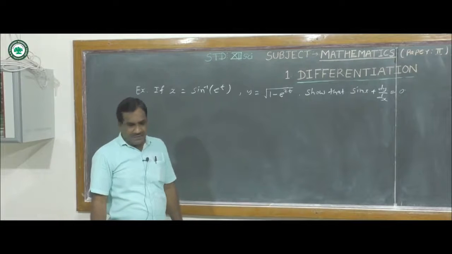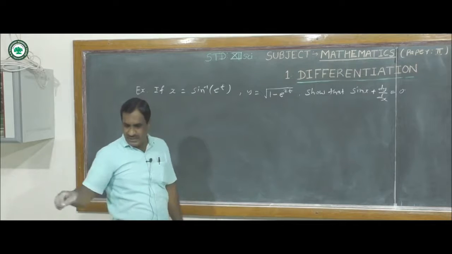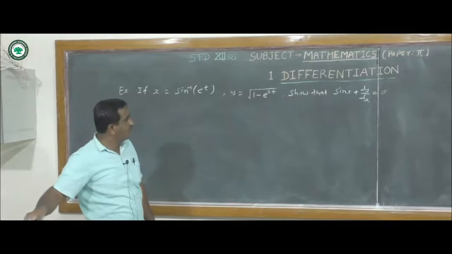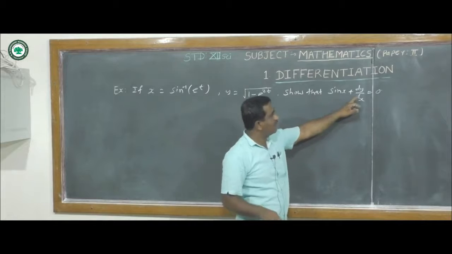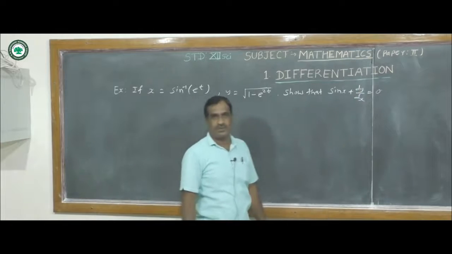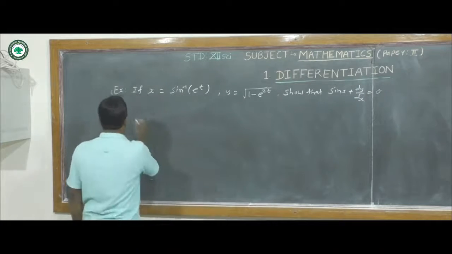That is, in this example we are given the values of x and y, and we have to show that sin x plus dy by dx is equal to 0. Now we find the answer for this example.